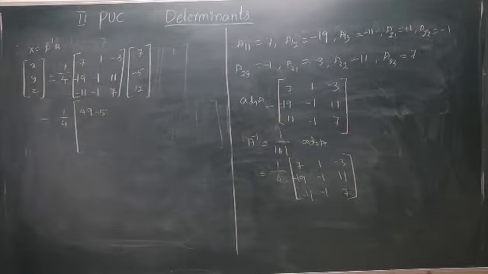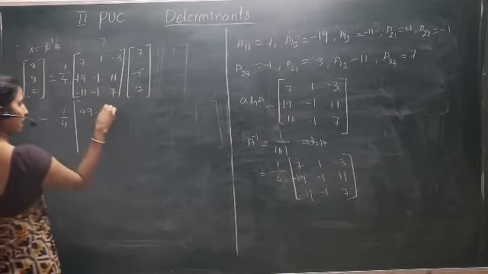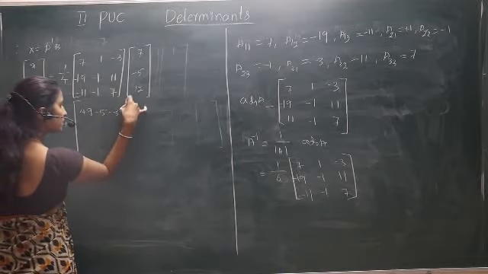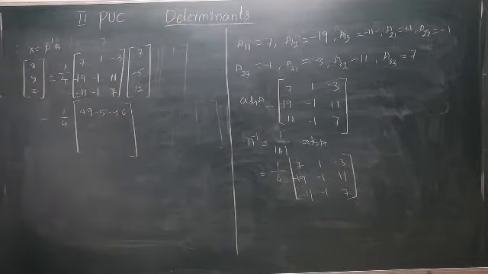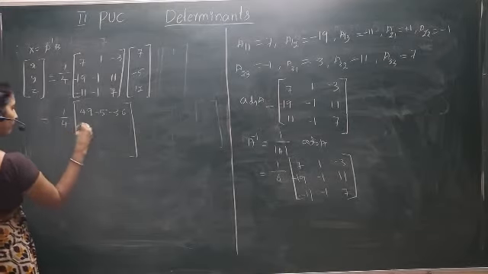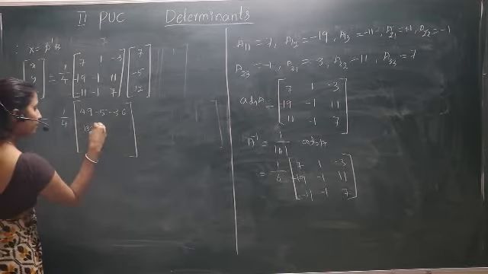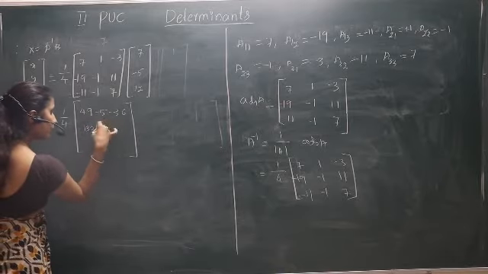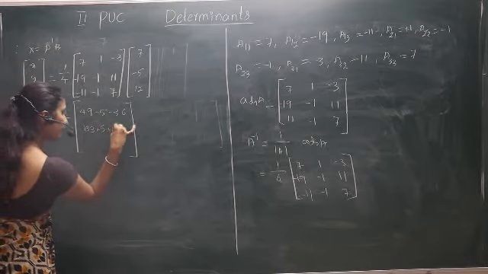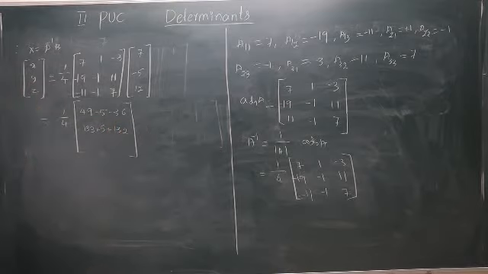First 1 into minus 5, then minus 3 into 12 is minus 36, then minus 19 into 7 is minus 133, then plus 5, then plus 11 into 12 is 132.